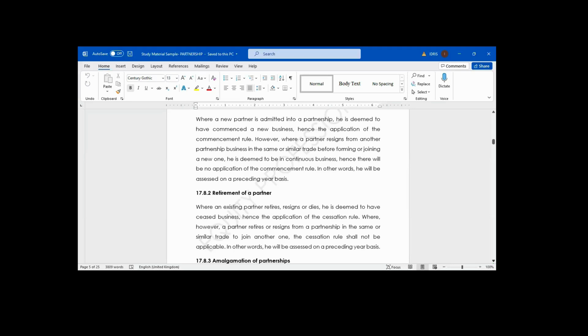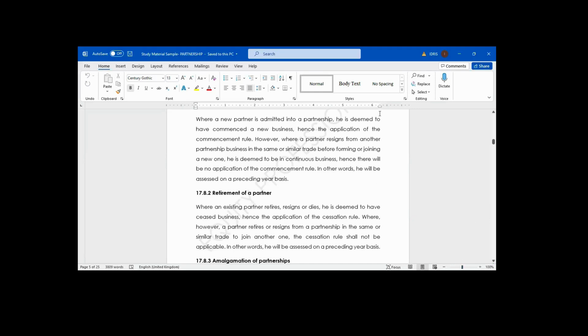But if we are told that a partner wants to retire or resign to join another partnership business, cessation rule will not apply to that affected partner. Maybe you are in a partnership ABC and Co. and you want to retire from ABC and Co. and join another partnership business.